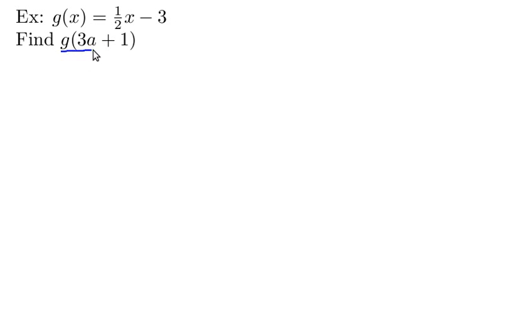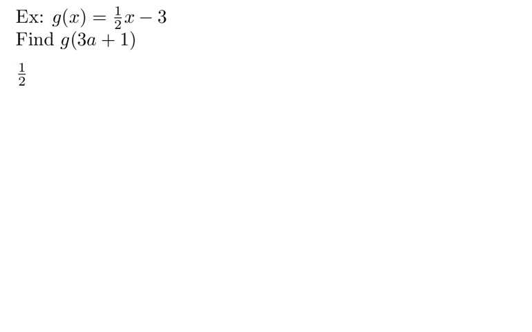So now, see what we're doing here? We're putting an expression into x. It's no longer just a number or a single variable. We're putting in an entire expression for x. And it's really not that hard, but it does require some distribution, some algebra.